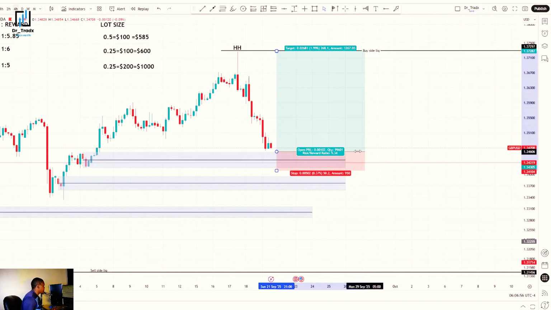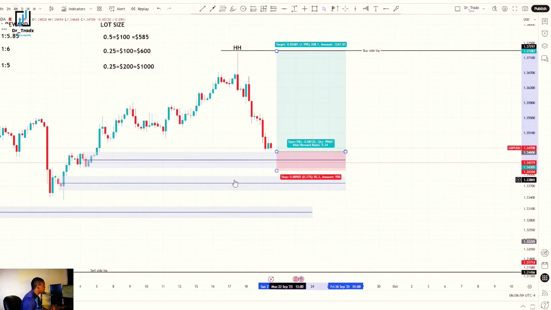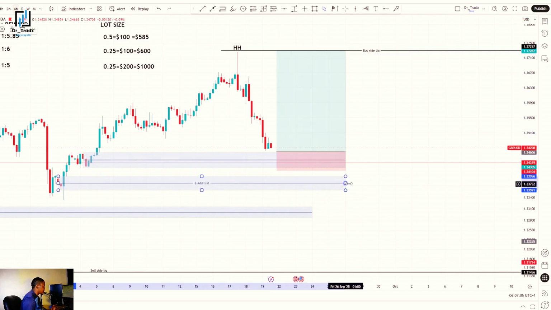And then you also have another entry that could happen. So if this one misses, you have this one. And this is the beauty. Trust me. This is the beauty of having a risk management plan, a risk to reward ratio.